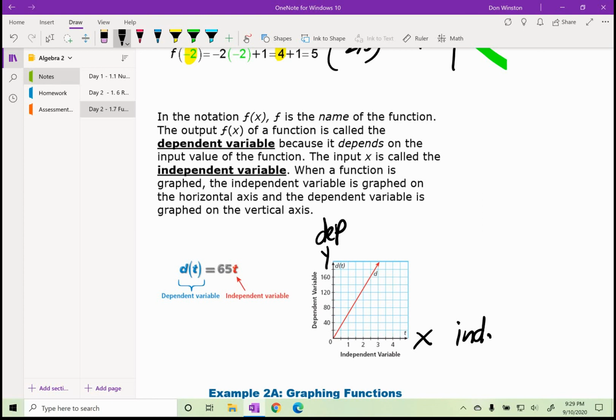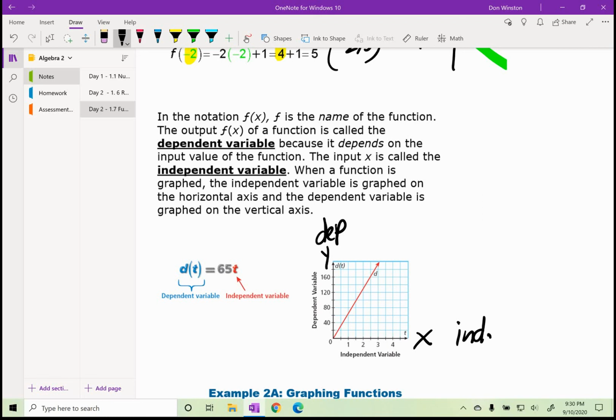So here, they give us a function d of t is equal to 65 times t, or distance is a function of time. Rather than using t, distance depends on time. If you're driving 50 miles per hour, in 1 hour you drive 50 miles, 50 times 1. In 2 hours, you drive 2 times 50, 100. So the distance depends on time.